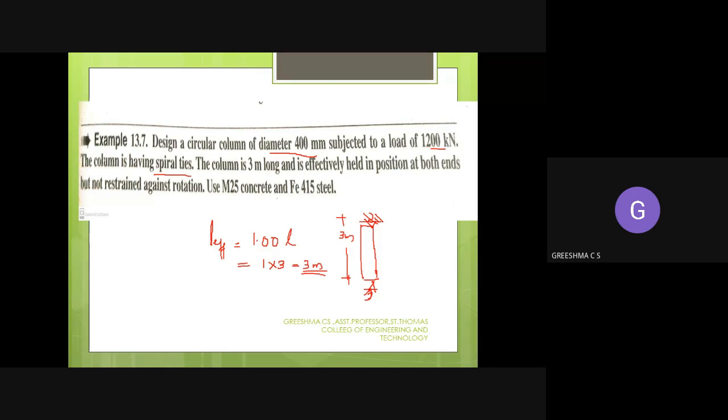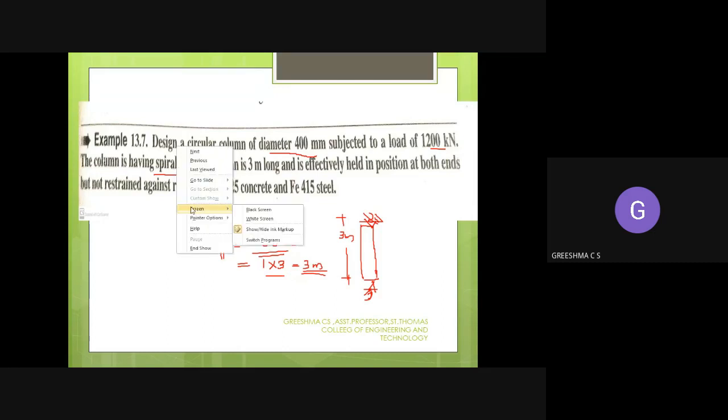That means at both ends translatory motion is not there, but not restrained against rotation, which means rotation is there. Always think, for the hinged support rotation is there. So that's the hinged support. From the IS code you can find out the value, that is 1 L, that is 1 into 3. The effective length of the column is 3 meters.